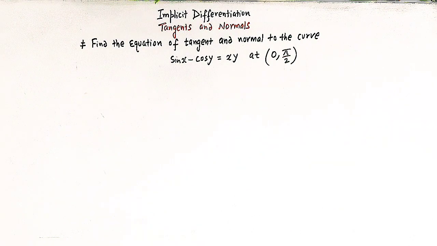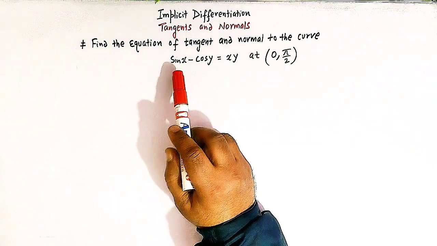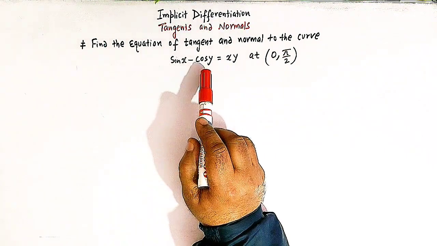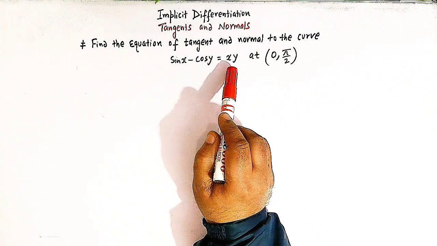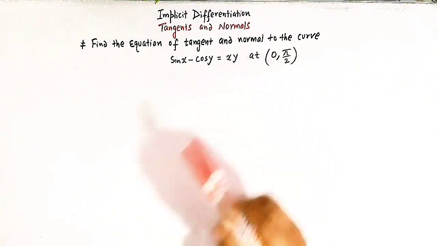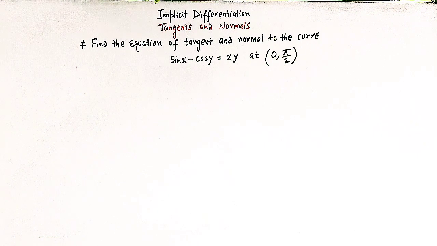Hello viewers, in today's session we are going to discuss an important problem from implicit differentiation, right? So here we have to find the equation of tangent and normal to a given curve, that is sin x minus cos y is equal to x times y at 0 comma pi by 2.